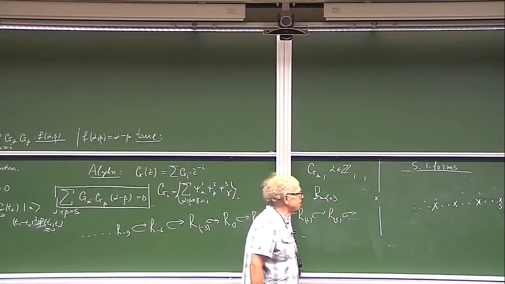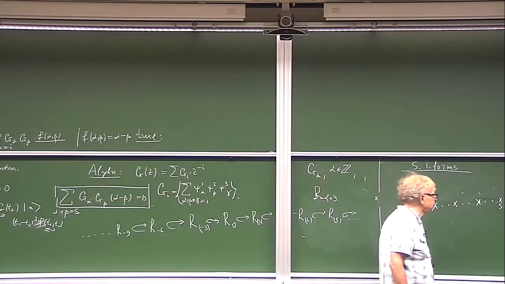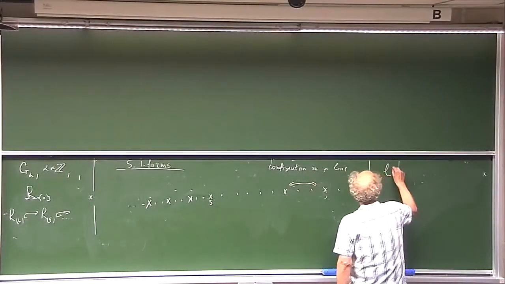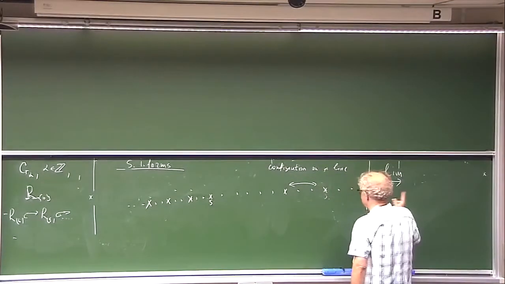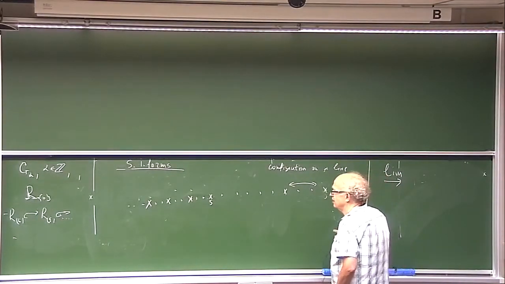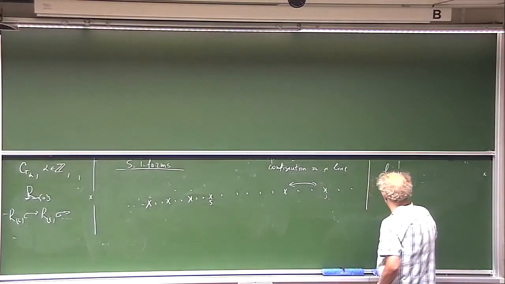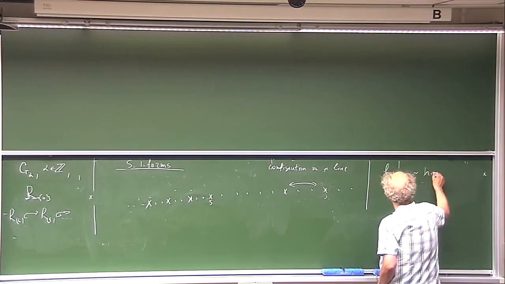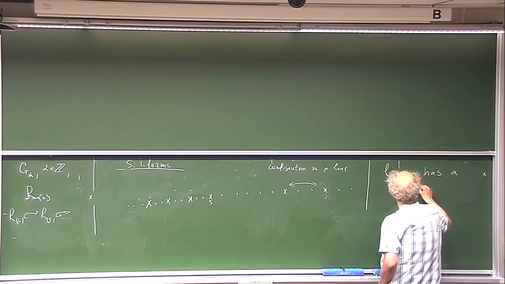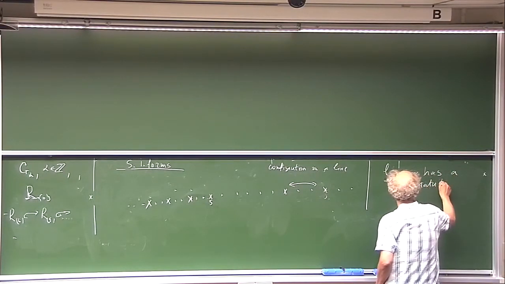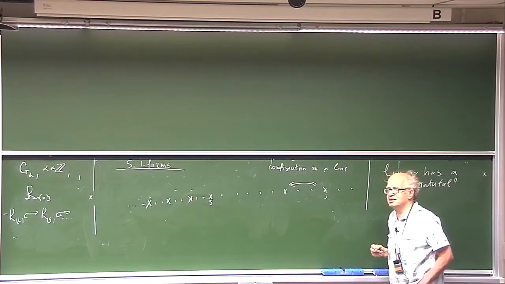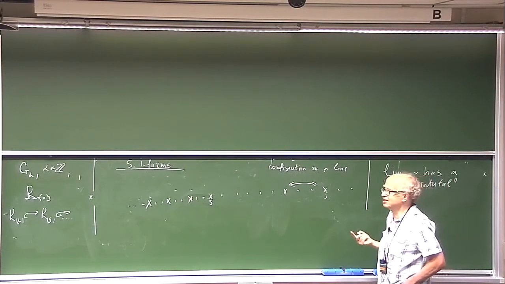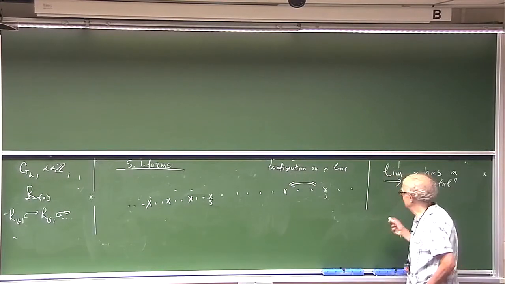This something is the limit of what we had here in this direction. And the statement is that this limit has a natural, no, natural is surely not an exact word, but really it is natural. It is a natural basis.